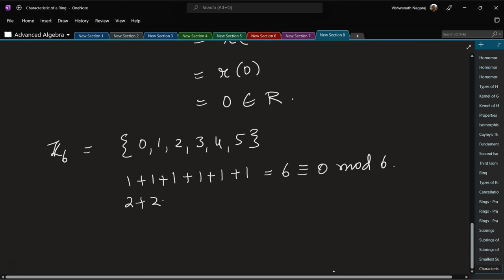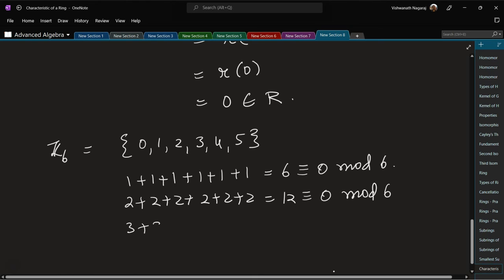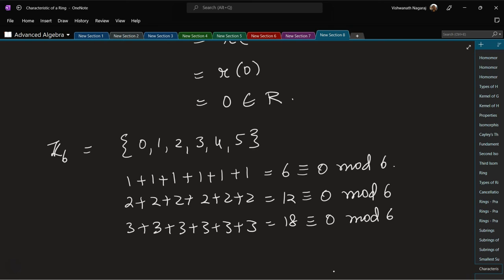Similarly, 2 plus 2 plus 2 plus 2 plus 2 plus 2 is equal to what? 6 times 2 is 12, which is again congruent to 0 mod 6. 3 plus 3 plus 3 plus 3 plus 3 plus 3 is 18, which is again congruent to 0 mod 6.